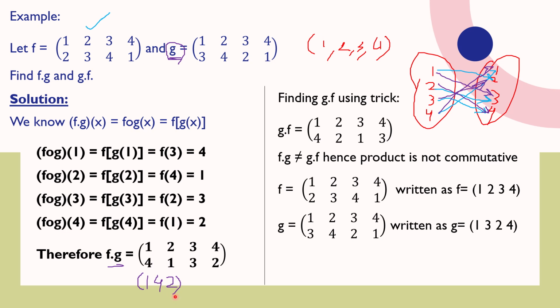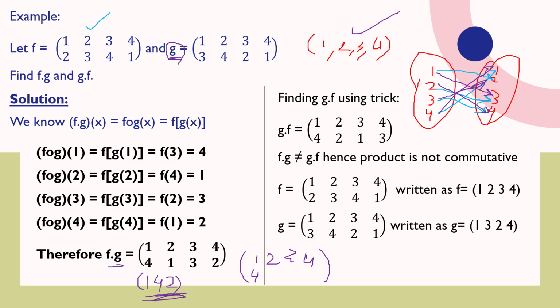Also, how do you go from this step to this one? One thing you need to remember is that whenever you're writing for this particular set 1 2 3 4, you will start writing the bigger notation like this, right? 1 2 3 4. Now when you look at this one, you see 1 goes to 4, so in place of the image of 1 you will write 4.